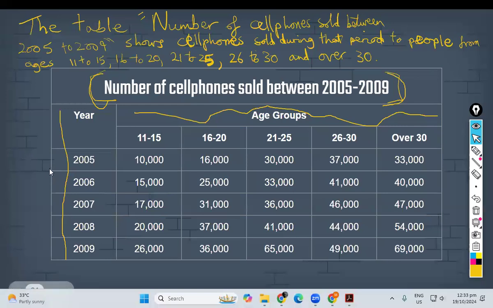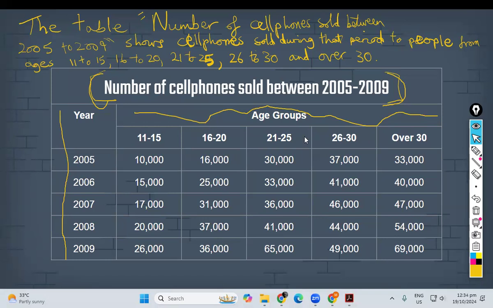Can you put 11 to 30? Well, I guess you could, but you would have to clarify at some point 11 to 15, 16 to 20, 21, 25, 26, 30, over 30, right? Because if somebody has to, again, the reader, you have to assume is not seeing the table.